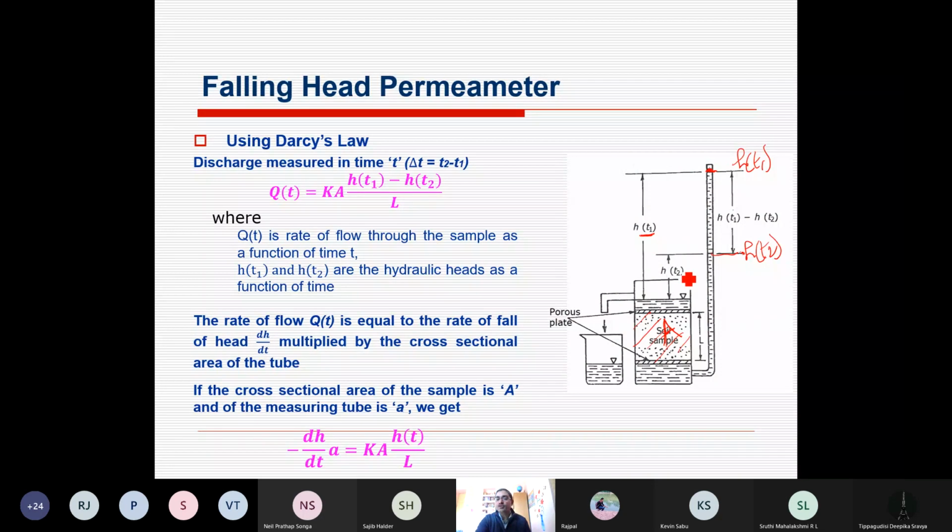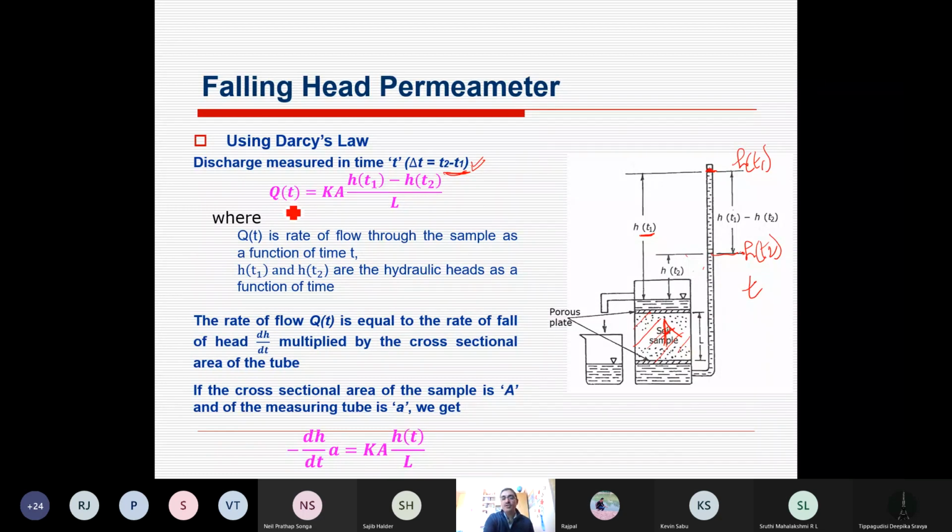So the discharge through this soil is happening because of the change in these two heads, HT1 and HT2. From a reference point we are measuring these two heads. The difference between these two heads is used to create the discharge. The time T is T2 minus T1, simply the time difference.